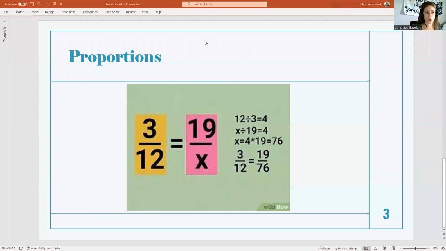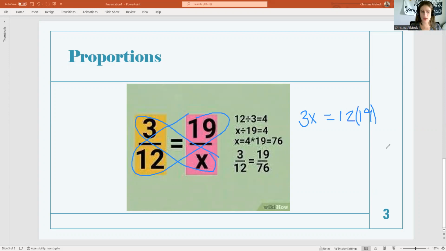The way that you solve proportions is through cross multiplication. So we have 3 times x, and we can set that equal to 12 times 19. And then we would go forward with that and solve our problem.